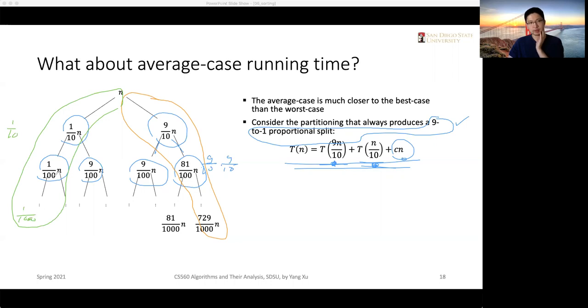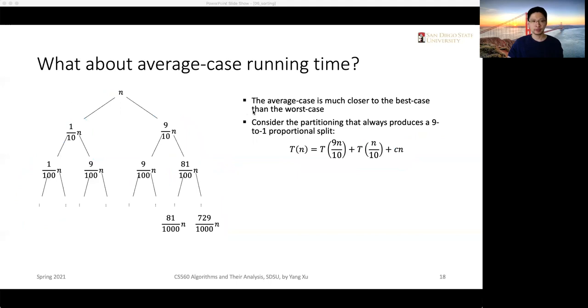If we observe the tree, the leftmost branch will first hit the smallest case. So this is not a balanced tree, but we can use some approximation to analyze the summation of all the nodes in that tree.